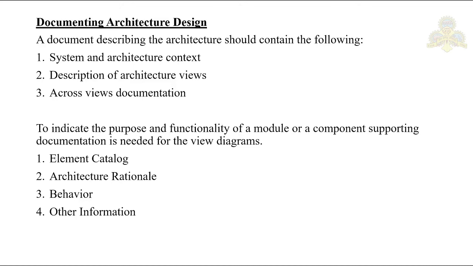The description of the views in the architecture documentation will almost always contain a diagrammatic representation of a view, which we sometimes call the primary presentation of the view. In any view diagram, you have different symbols and different element types coming in, right? So we should represent different types of components using symbols, and these symbols should be unique and clear to the reader.